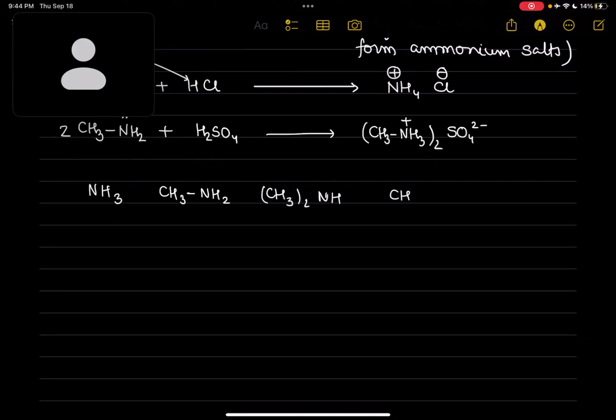And (CH3)3N, this is a tertiary amine. So how can you compare the basic strength? I hope you understood my question. Which amine is going to be more basic and which amine is going to be less basic?